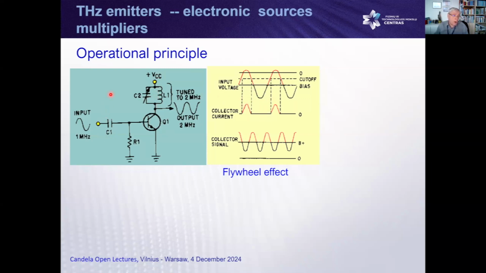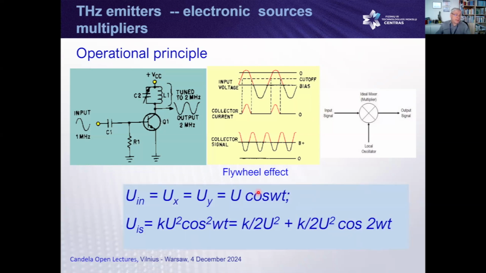It means if I have 1 omega, the output can be 2 omega. When we have megahertz, it's not an issue. The principle is simple. We need a non-linear element here. It can multiply, the so-called flywheel effect, and we can have something like that. It means I'm trying to go squared, like the cosine function goes squared. I have the second harmonic as a result of this square approach.